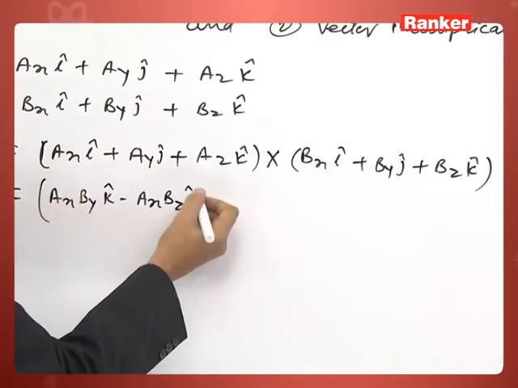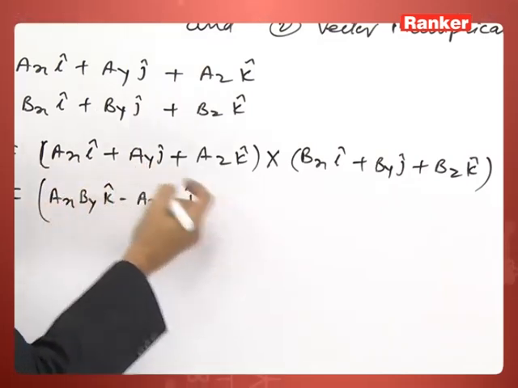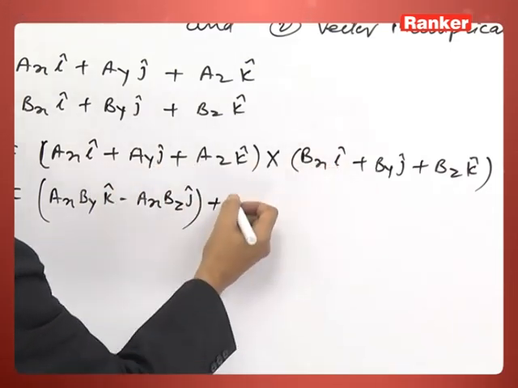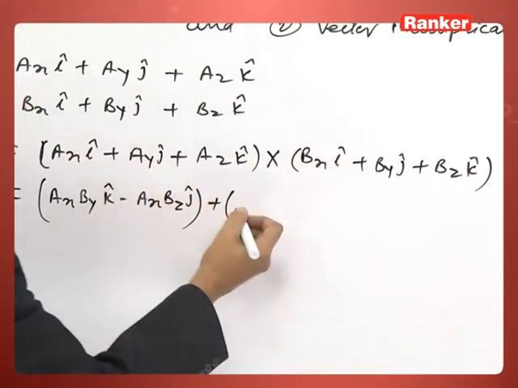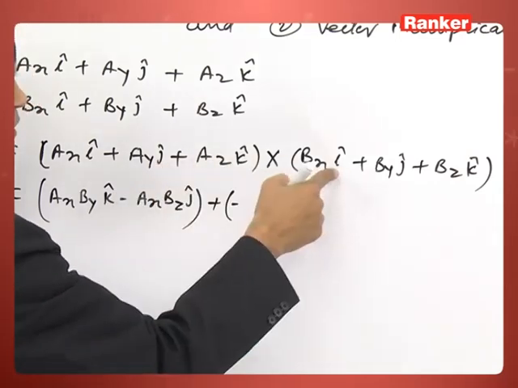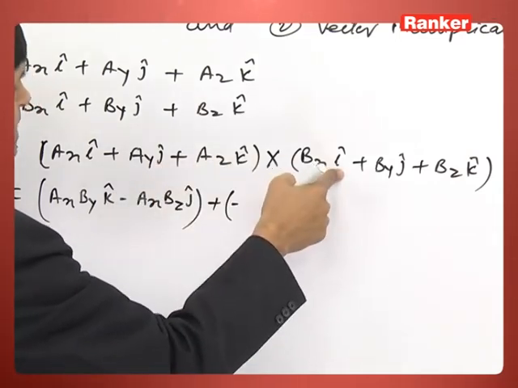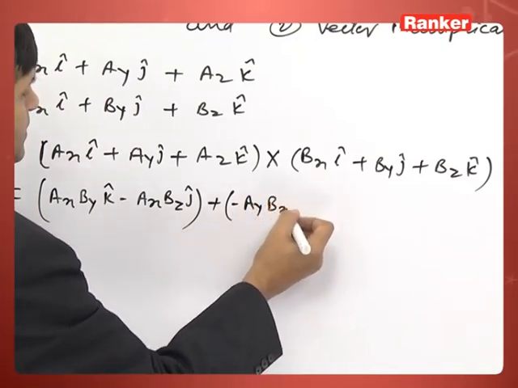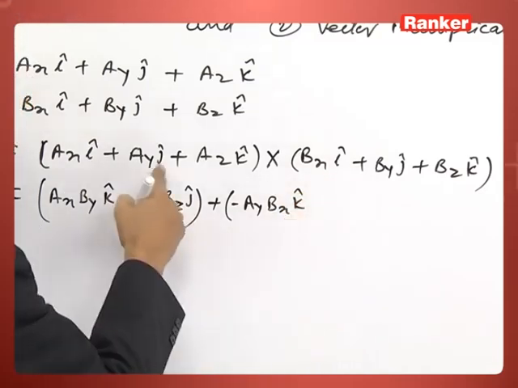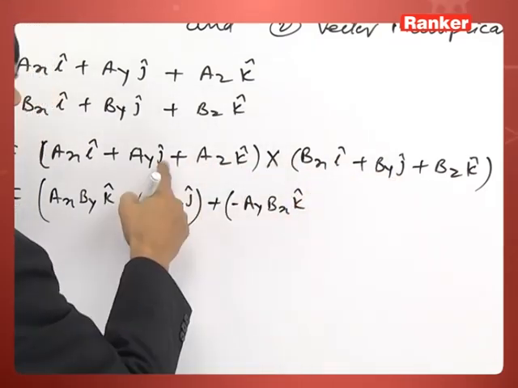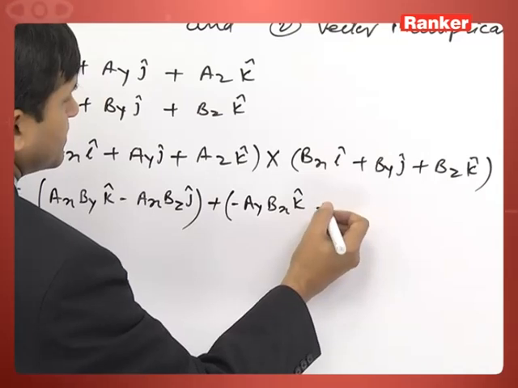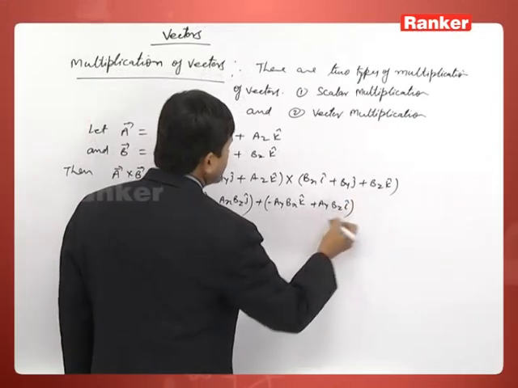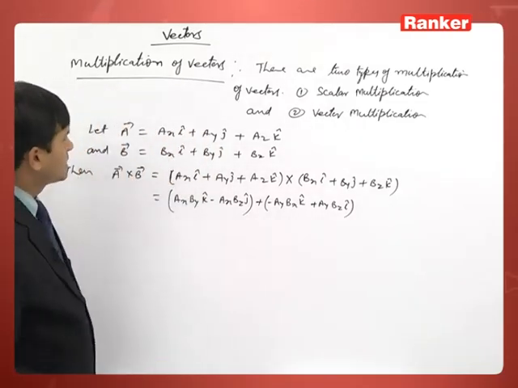So this is the first expression from here. Now from this ay j, j cross i is minus k, so minus ay bx k cap, j cross j is 0, j cross k is i, ay bz i cap, like this.